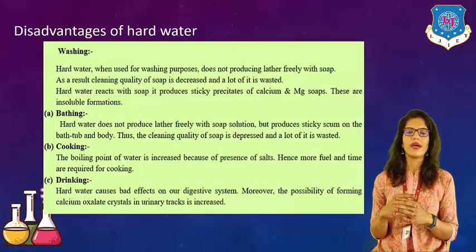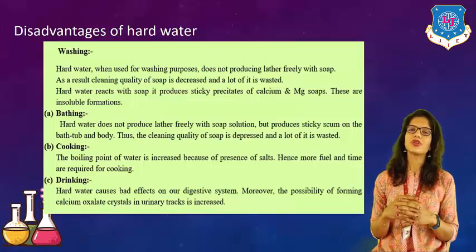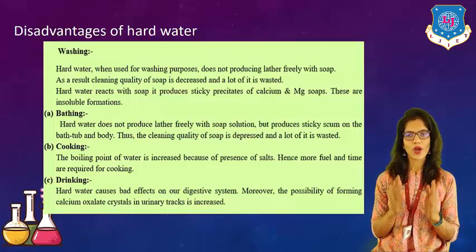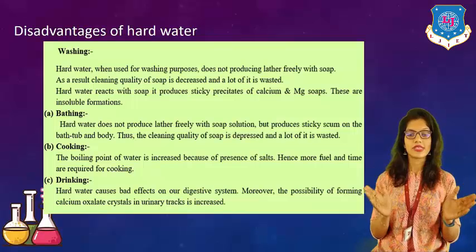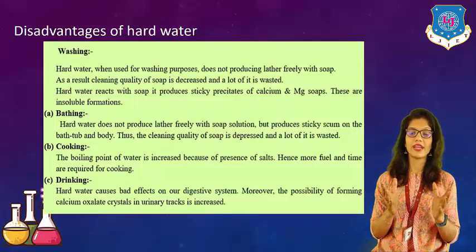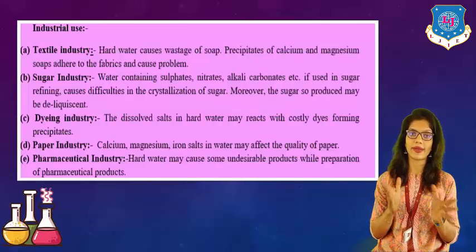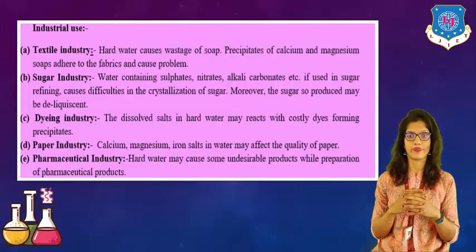Now, next is industrial use. What is the problem caused in industry? In the textile industry, hard water causes wastage of soap and wastage of precipitates; mainly it forms precipitates, and it can cause problems for the fabrics which we create.